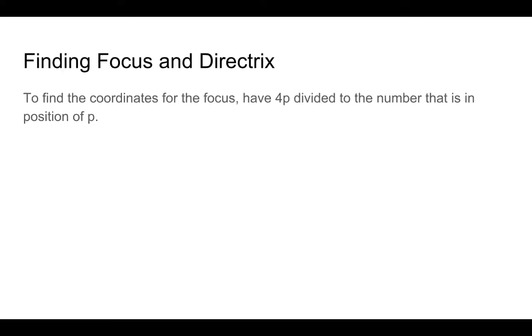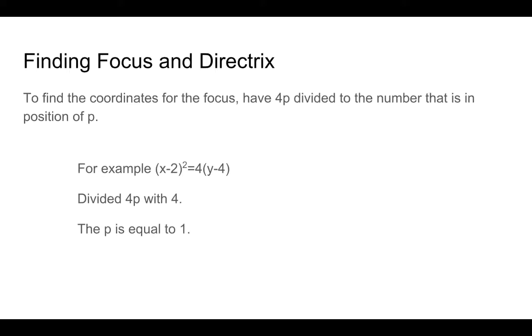So to find the coordinates of the focus, take 4p divided by the number that is in the position of p. So for example, let's say that (x minus 2) squared equals 4(y minus 4). So this would be an equation that we're going to use for parabolas. And to find p, we'll set up an algebraic equation. 4p equals 4.